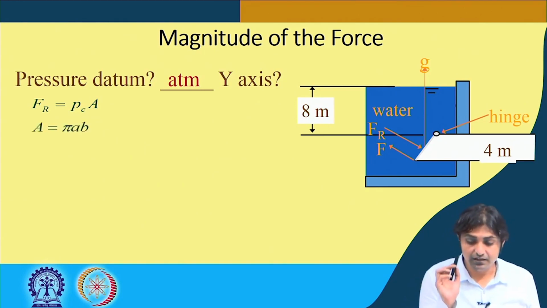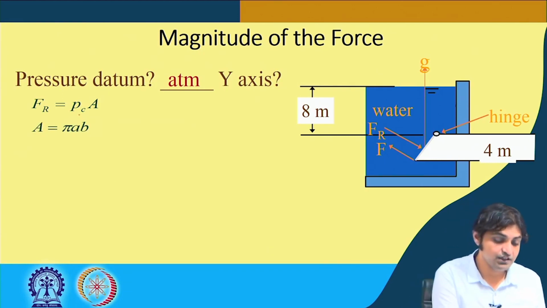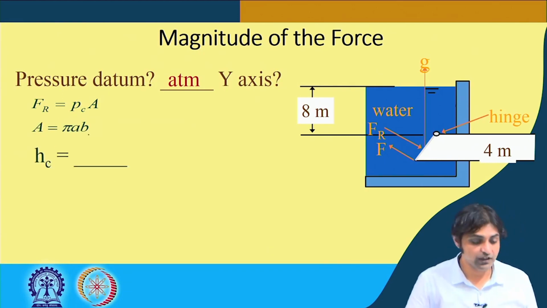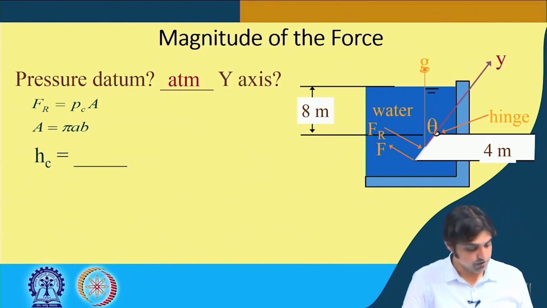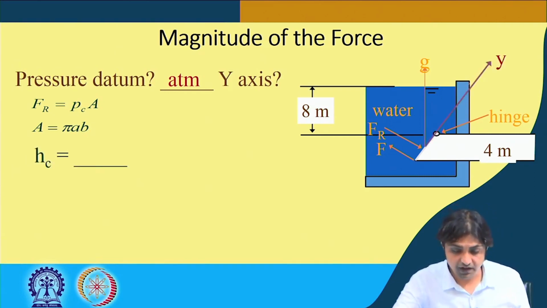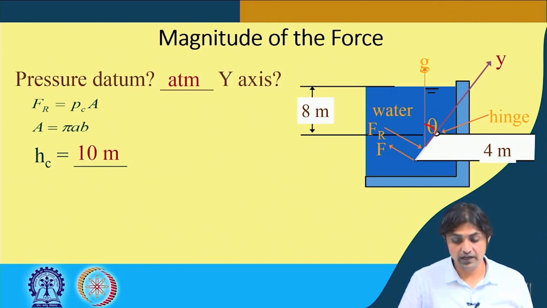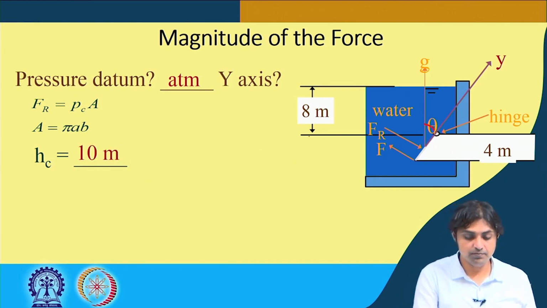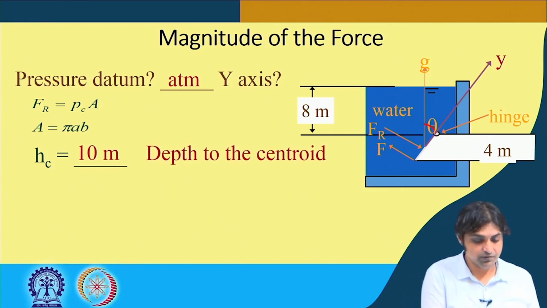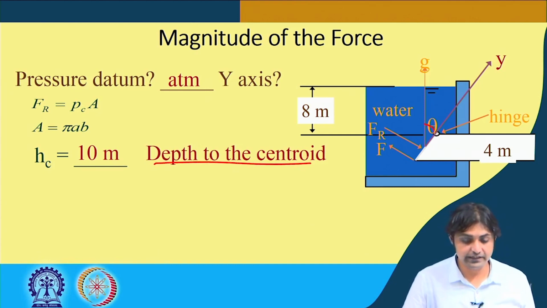Area of the ellipse that we have seen is pi A B. What is HC? First we need to understand this is the y axis that we have assumed, and this is the theta that we have assumed. So HC is 10 meters actually. Why? 8 meters plus 2 because of the ellipse. Depth to the centroid. Very clear?